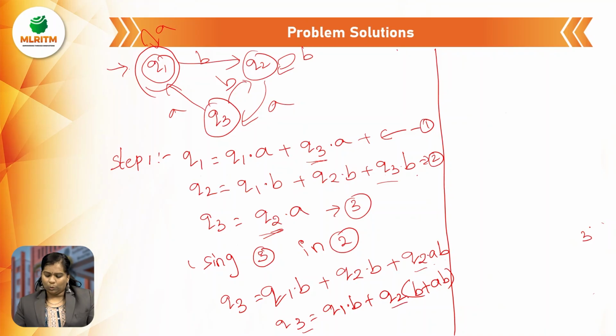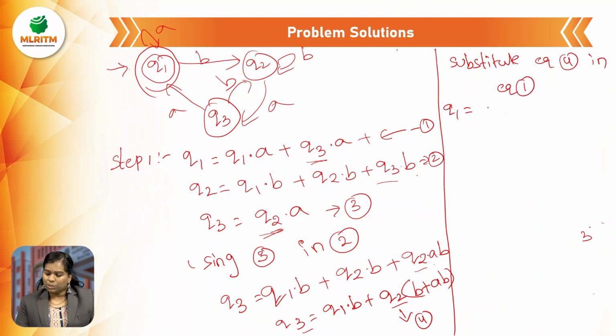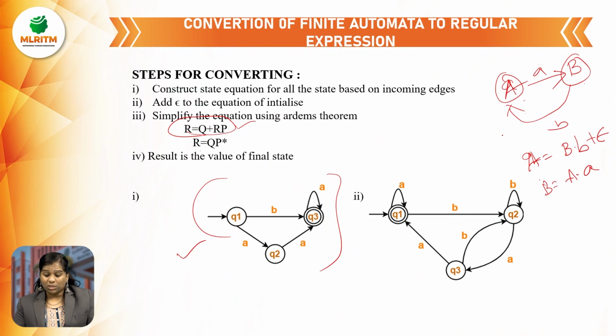So we need to substitute this form into equation 1. Substitute equation 4 in equation 1. Q1 is equal to Q1 dot A plus Q2 times B plus AB dot A. What is Arden's theorem?